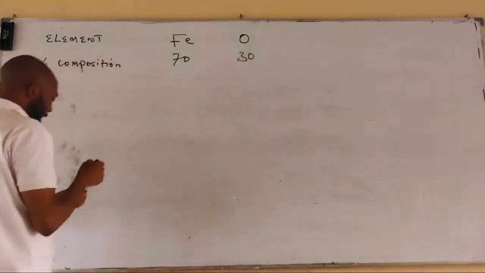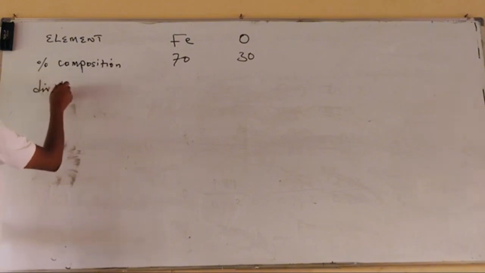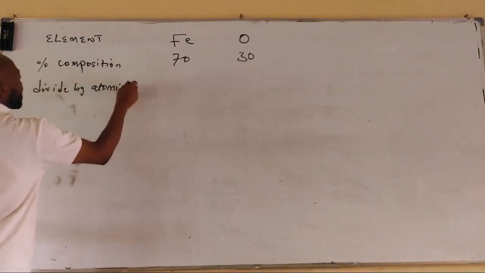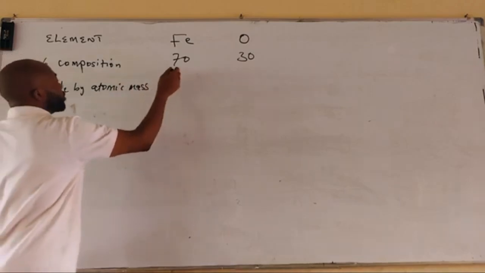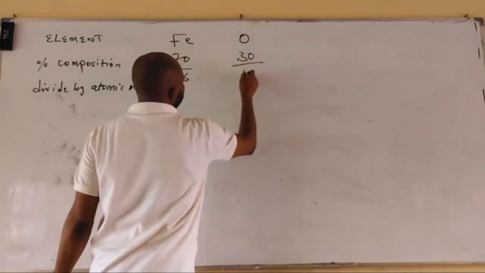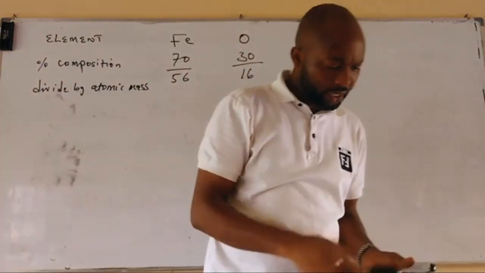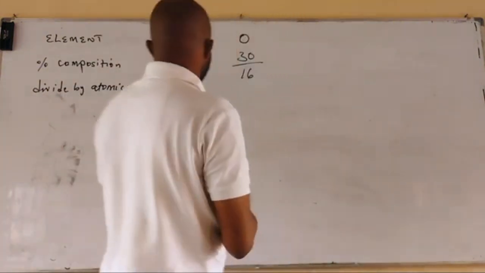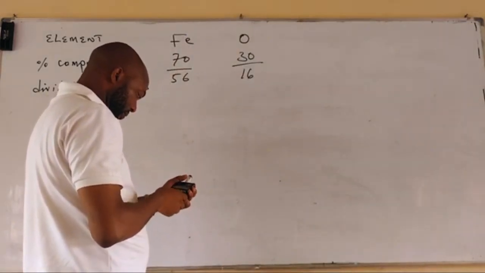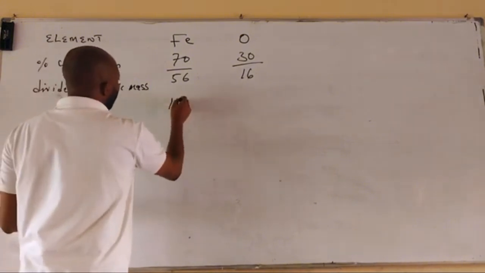Now we divide by the atomic mass, which is 56 for iron and 16 for oxygen. So 70 divided by 56 is 1.25.